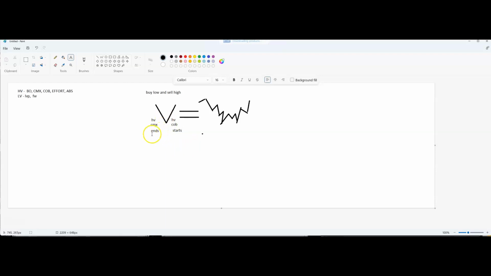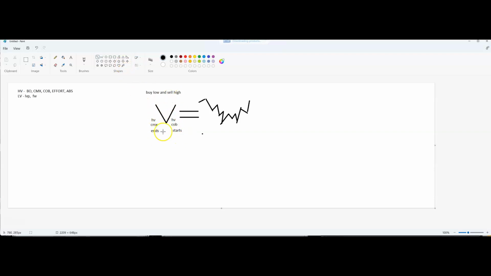You have a high volume here on this side, and you have it on this side.